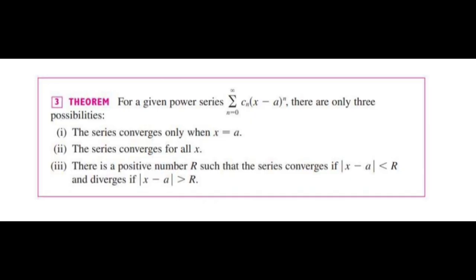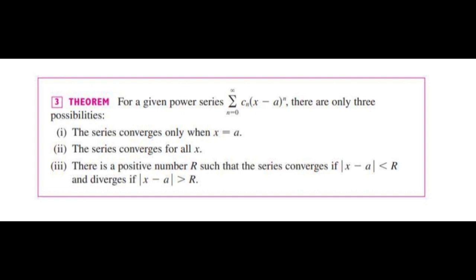Now we have here a theorem. For a given power series, summation of Cn times (x minus a) raised to n, where n is equal to 0 and goes to infinity, there are only three possibilities. First, the series converges only when x is equal to a. Second, the series converges for all x.